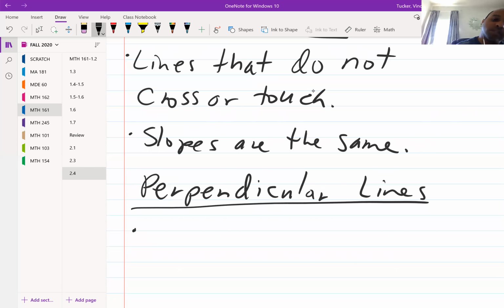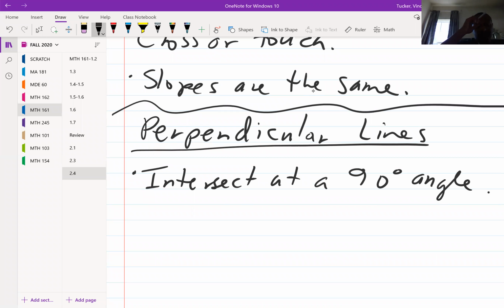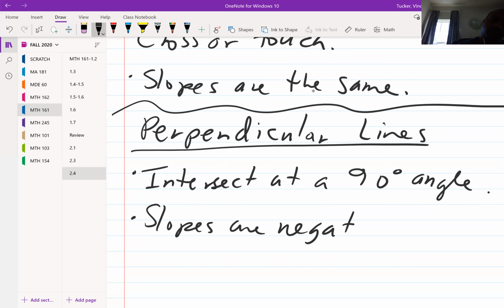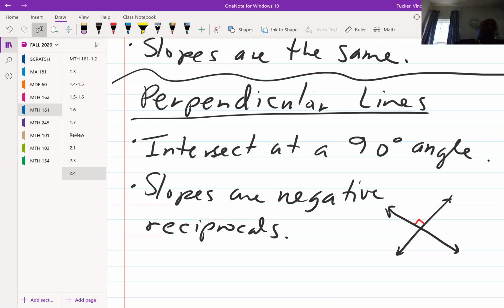All right, perpendicular lines. They intersect at a 90-degree angle, and the slopes are negative reciprocals.